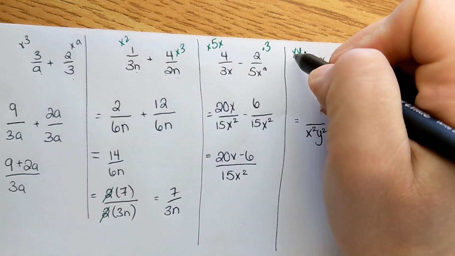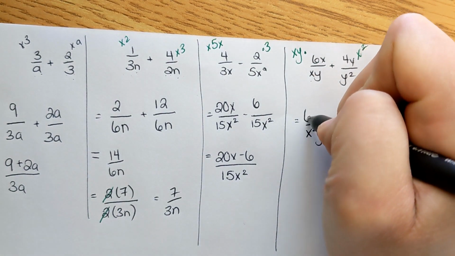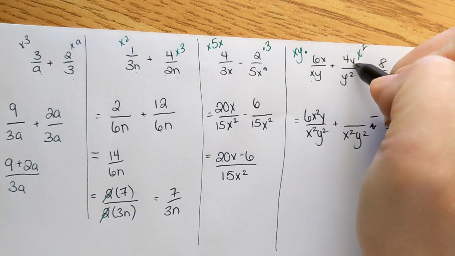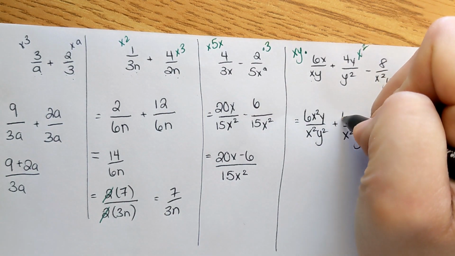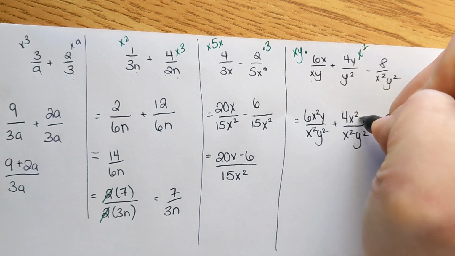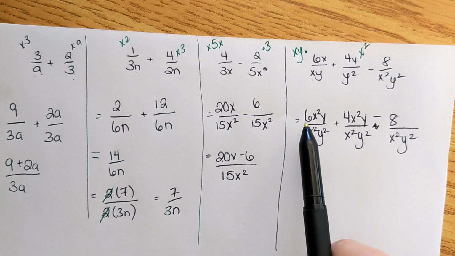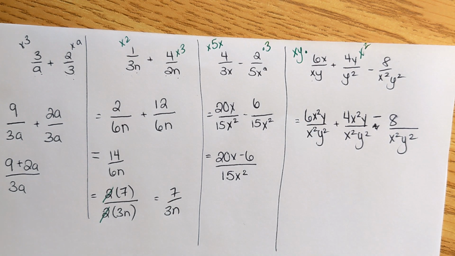Okay, 6x times xy is going to be 6x squared y. 4y times x squared is going to be 4x squared y. By convention, I'm always listing my variables in alphabetical order.